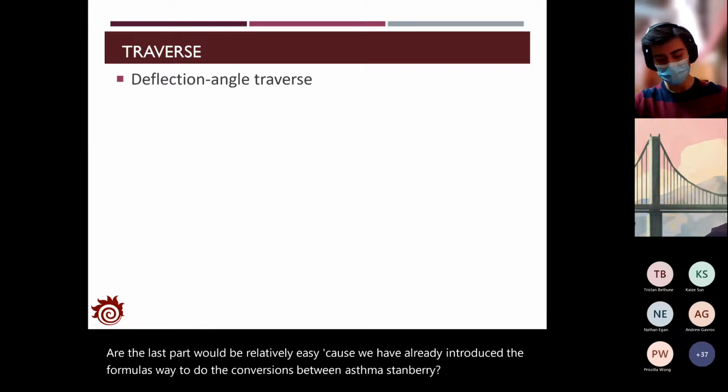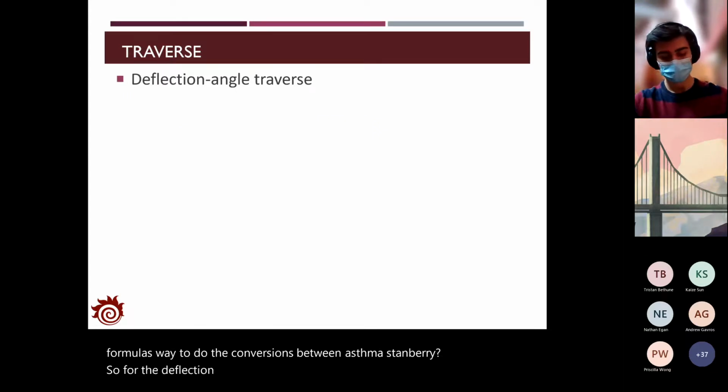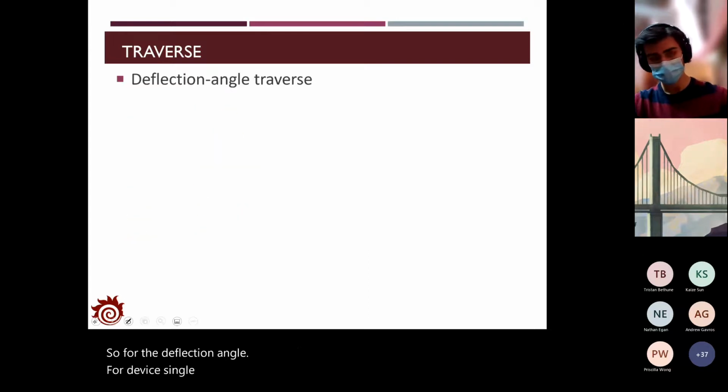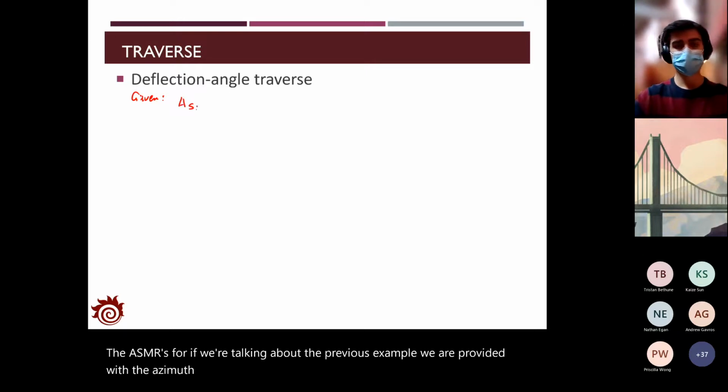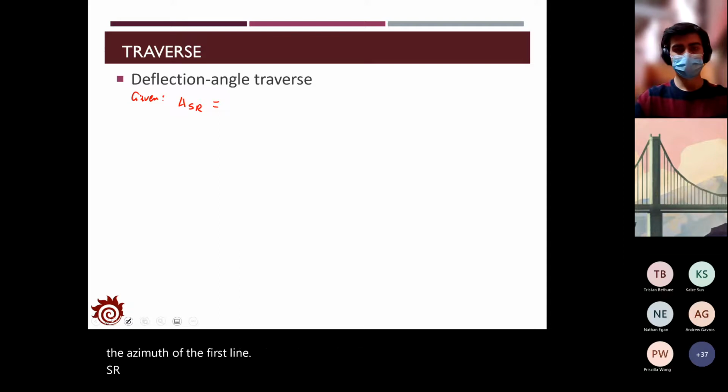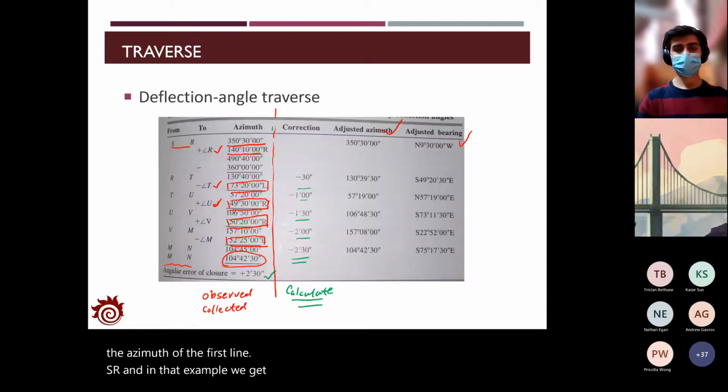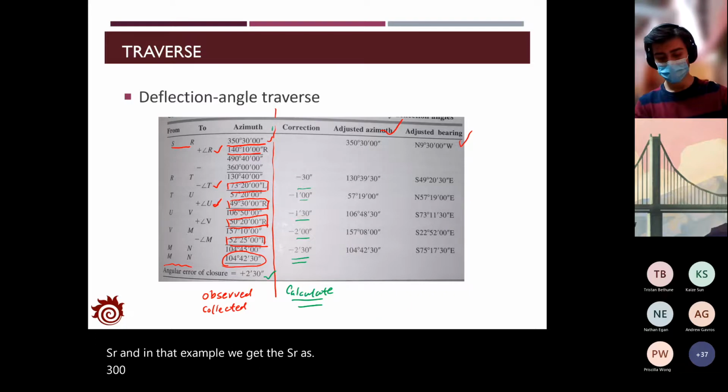So for the deflection angle traverse, we are provided with the azimuth of the first line. If we are talking about the previous example, we are provided with the azimuth of the first line, SR. And in that example, we get the SR as 350 degrees, 30 minutes.